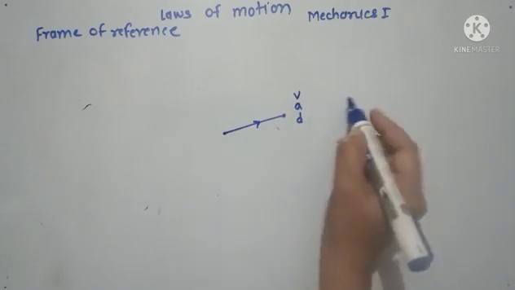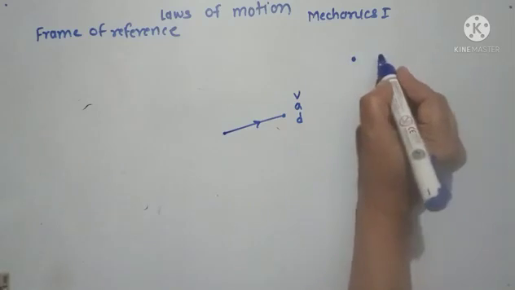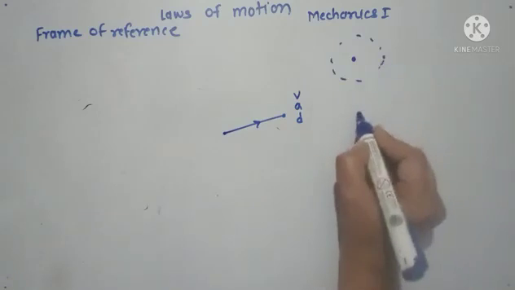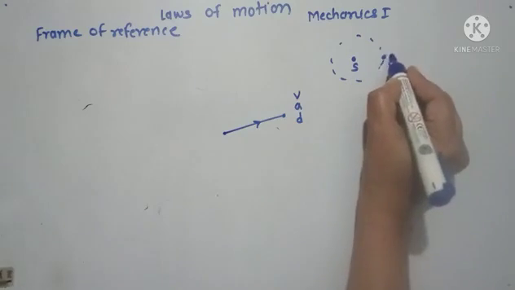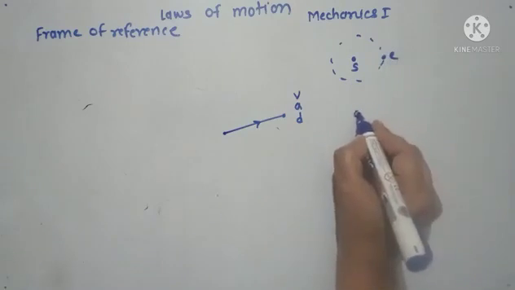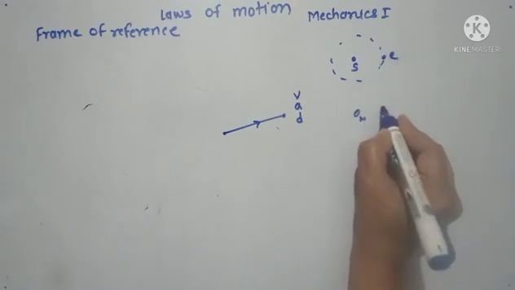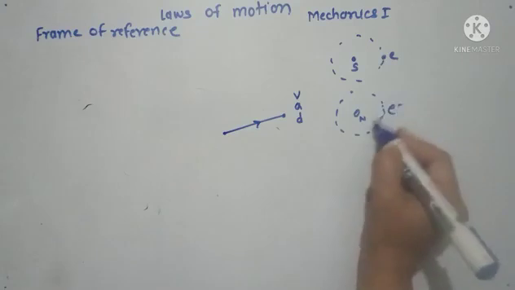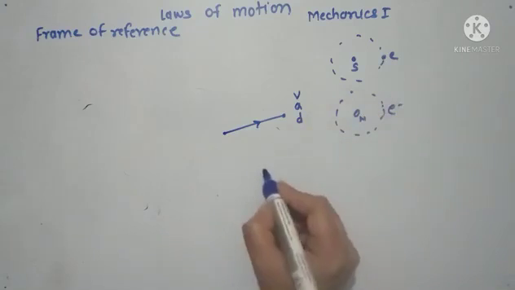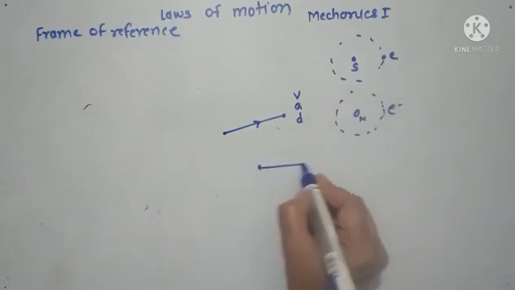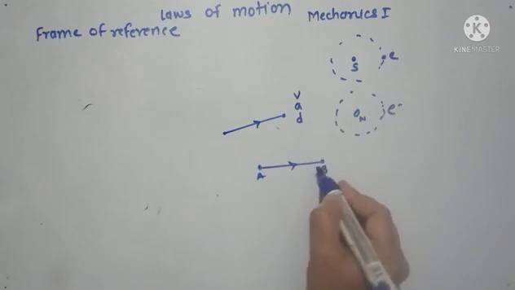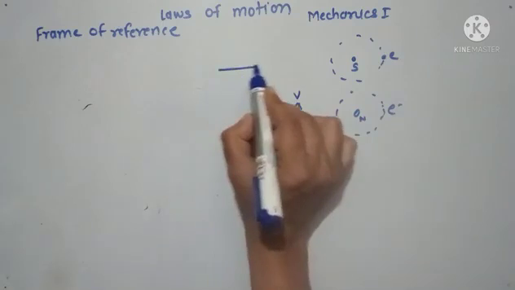So anything which is moving, whether it is a planet revolving around the sun, suppose this is the sun, this is the earth, or whether it is an electron moving around a nucleus, or any particle moving in linear motion from A to B, or a car traveling from one place to another.